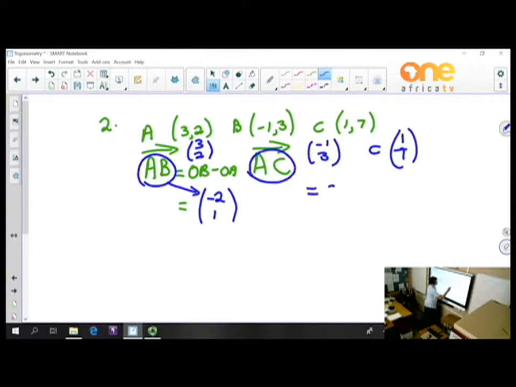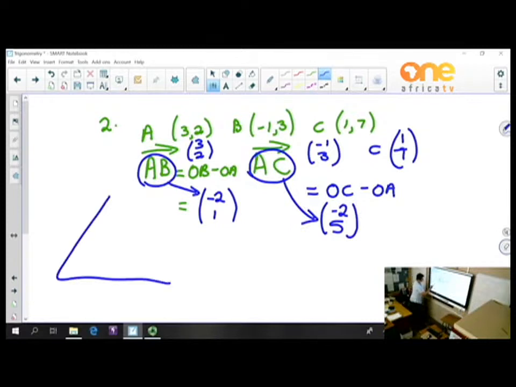So AC is going to be OC minus OA. So 1 minus 3 is then negative 2. And 7 minus 2 is 5. So this is the column vector for AC and the column vector for AB.